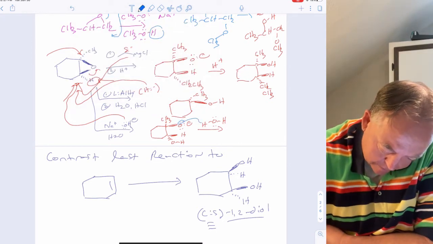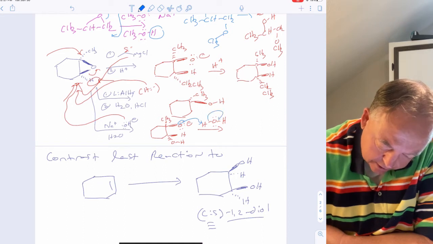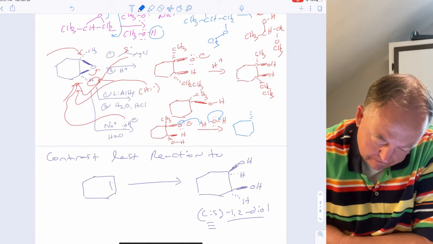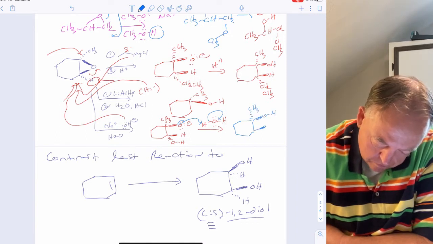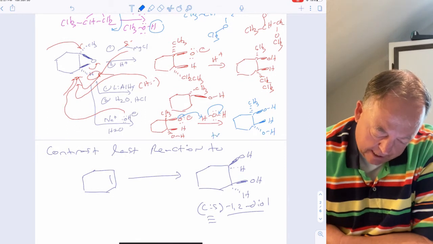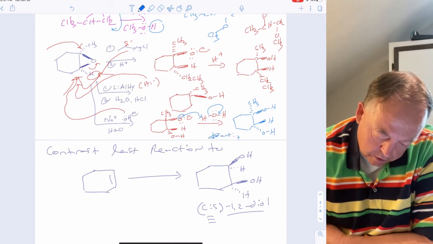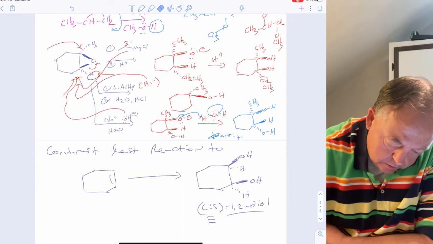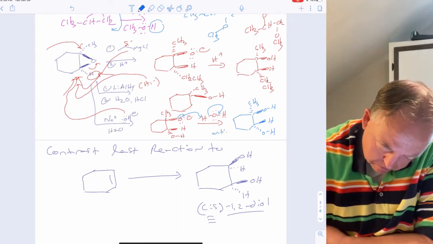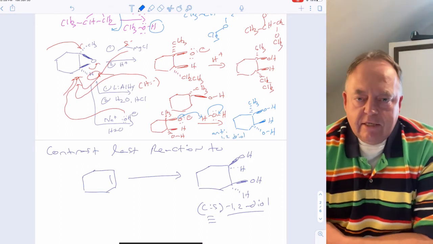So take a lone pair, pick up a hydrogen, OH electrons become a lone pair. And you would end up with that. You would end up with the trans or anti one. You would end up with OH and OH anti to each other.